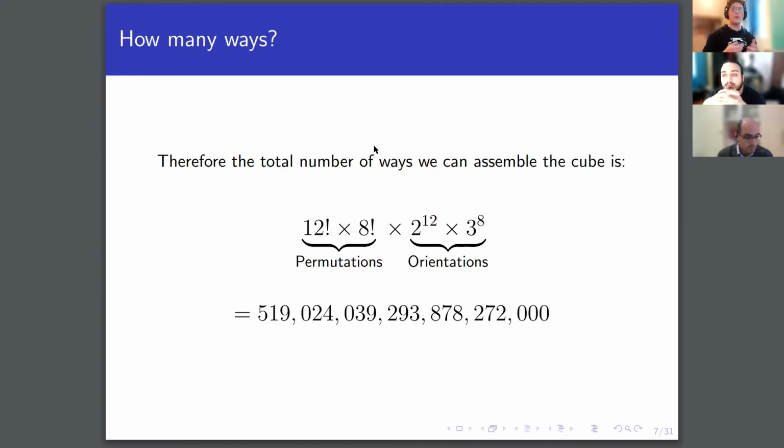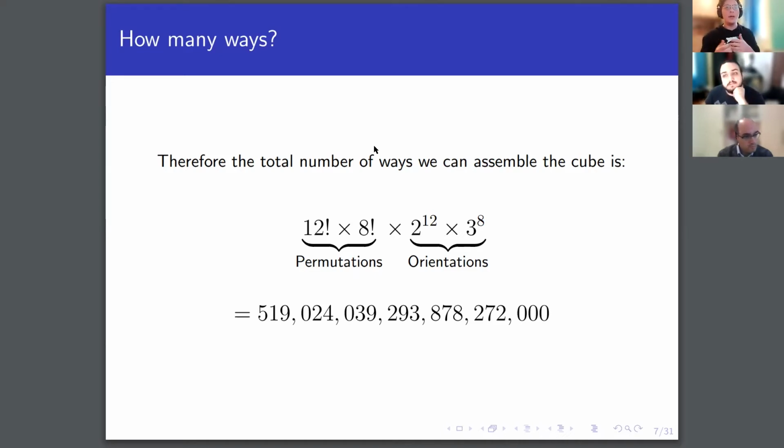We can't just twist a corner on its own. We can't just swap 2 pieces. We need to abide by the order in which the moves are applied.